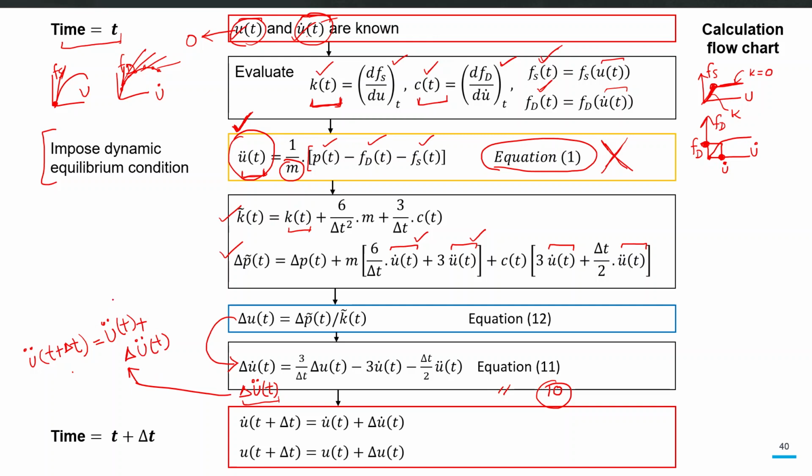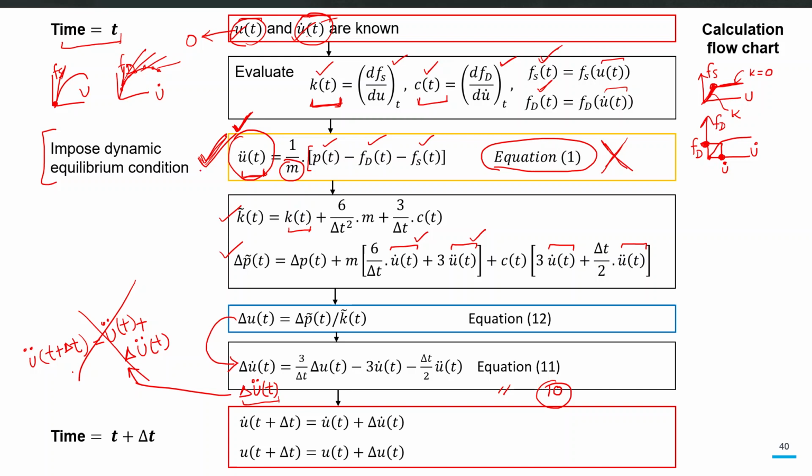But instead of doing that, we have opted for this option, that we will be calculating the acceleration in every calculation step using equation 1, imposing the dynamic equilibrium equation. So this equation will force the system to follow equilibrium at any time instant. Whenever this calculation runs for all time instants, the equilibrium will be satisfied using equation 1, and the error will not be accumulated.